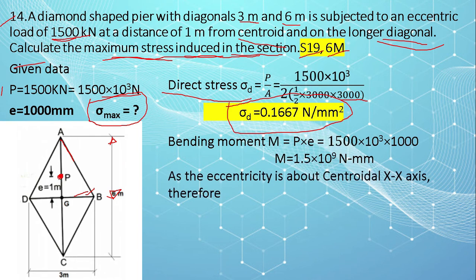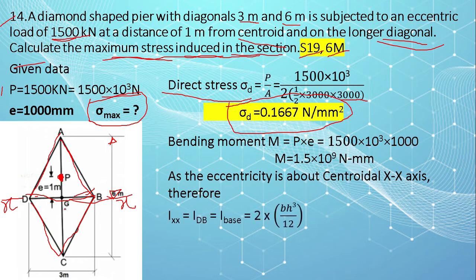As our eccentricity is with respect to this x-axis, our point is here. So the moment of inertia of this triangle and this triangle. There are two triangles. So moment of inertia Ixx is equal to Idb, which is I base.